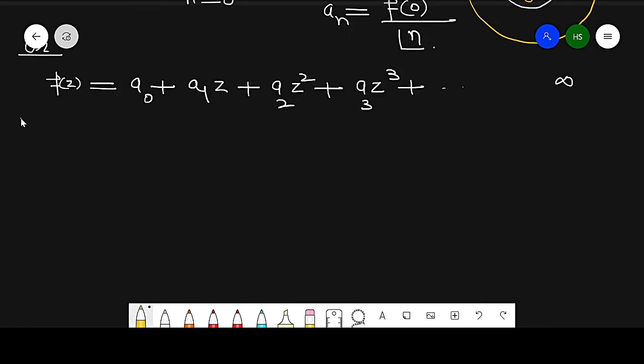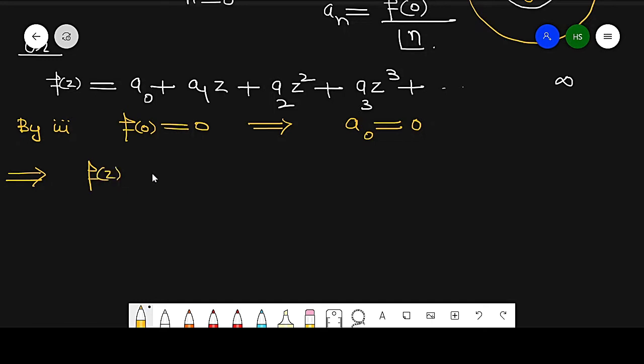Now by part 3, f(0) is equal to 0. So substitute z equal to 0 in this equation. So it implies the value of a0 will become 0. So it converts this function f(z) to a1 z plus a2 z square plus a3 z cube and so on. So this z is common.